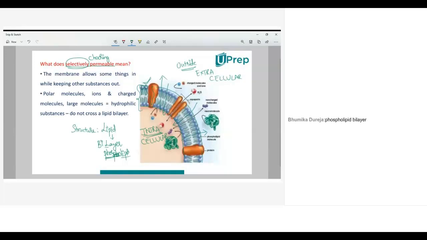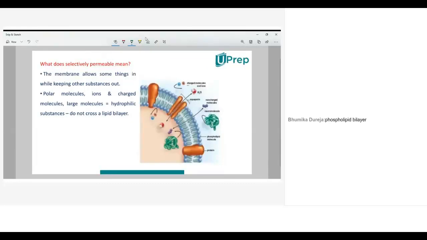The phospholipid bilayer will also have some protein structures. The orange colored ones are the protein structures. Some proteins help in the transmission of substances outside and inside the cell. Here there is a discrimination of various molecules, how they come in and go out.